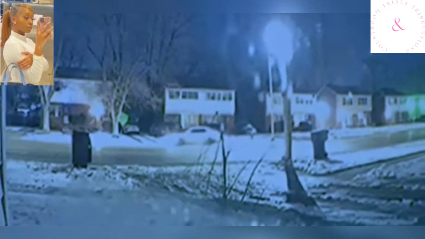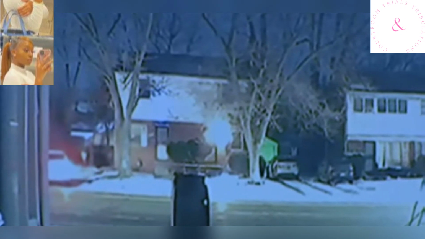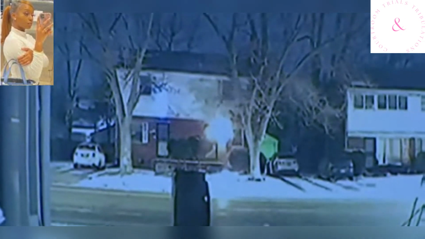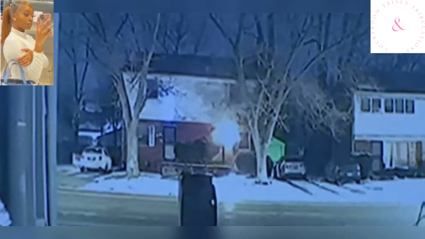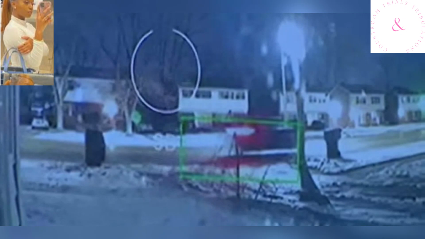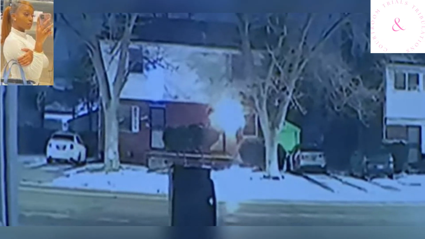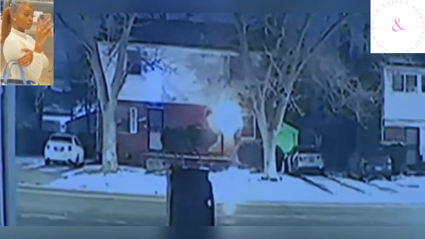And now we're at 2:15 a.m., is that correct? Yes. And is there anything notable at this point? The white car is pulling back in the driveway. Now we're at 2:16 a.m., is that correct? Correct. And the car is just still in the driveway at this point?